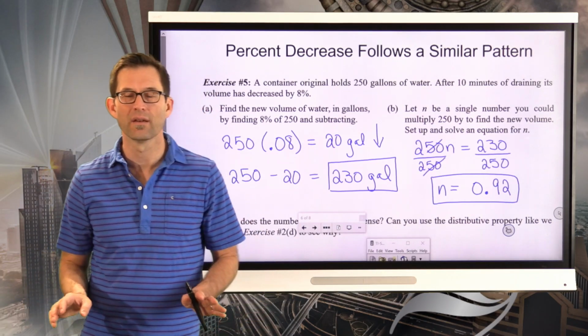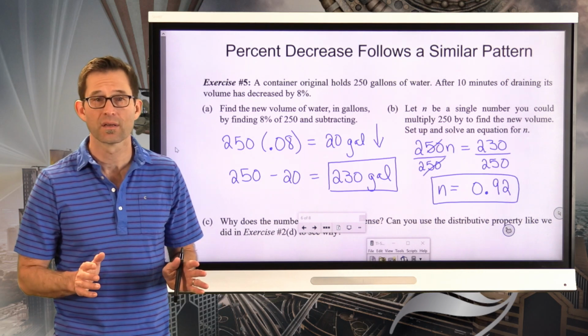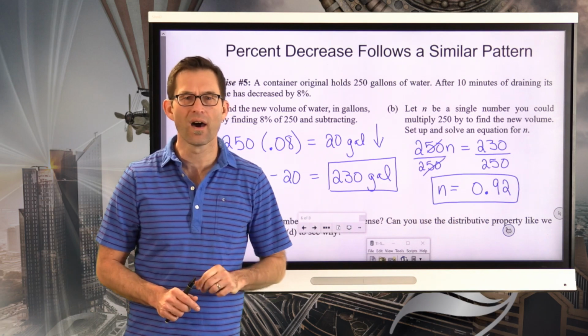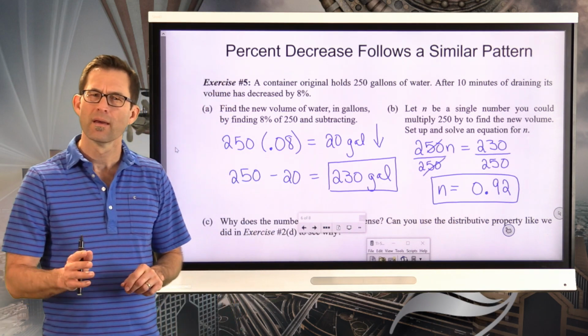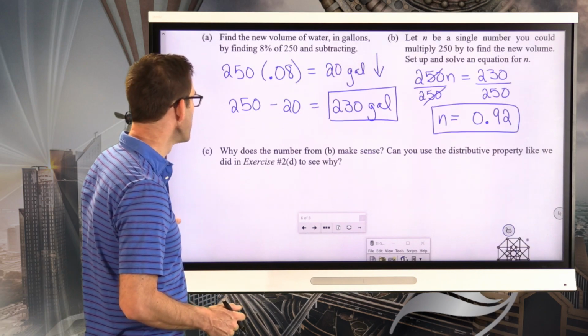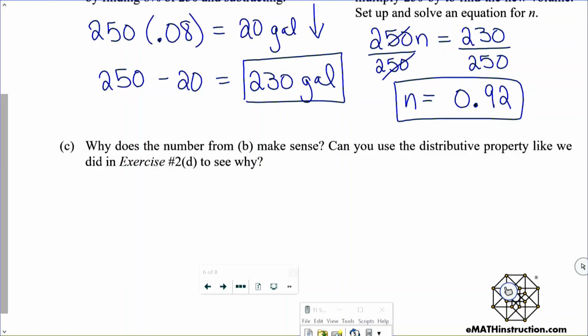Think about this for a second. We lowered our volume by 8% by multiplying the original one by 0.92. So what really is the connection there? Well, let's take a look at that in letter C. Why does the number from B make sense? Can you use the distributive property, like we did in exercise 2D, to see why?